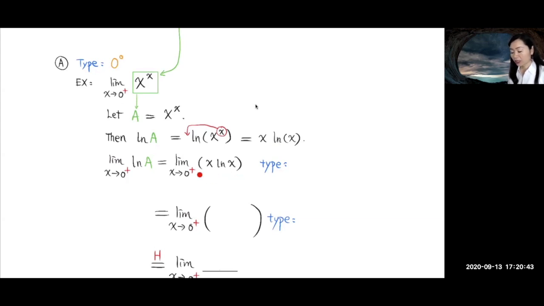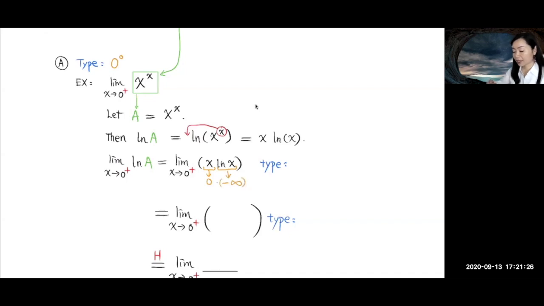Now we want to see what type this limit is. The x goes to 0. Ln of x, as x approaches 0 from the right side, goes to negative infinity.